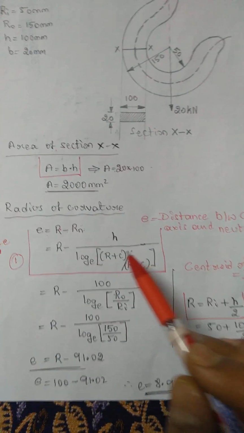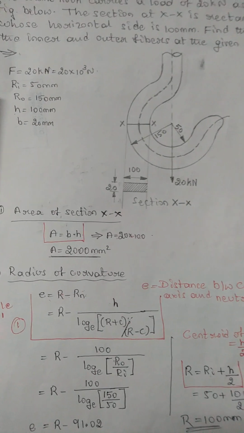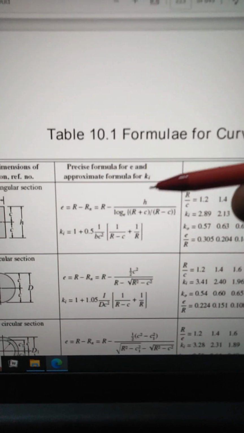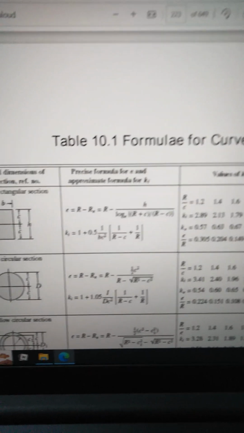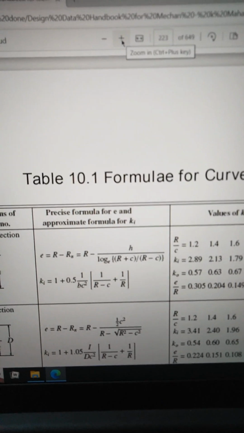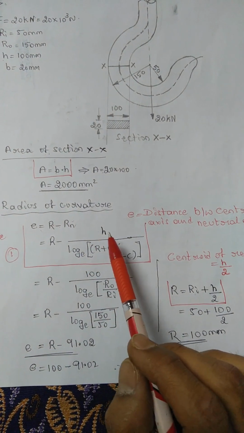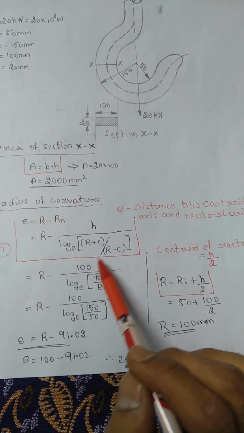r is the distance from the origin to the centroidal axis, and rn is the distance from the origin to the neutral axis. The rn equation for a rectangular section is given in the data handbook. We have to use this equation; I have written the same equation here.